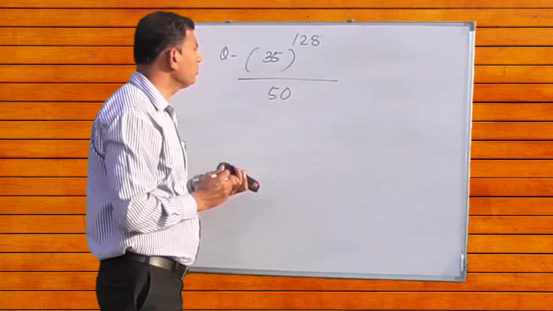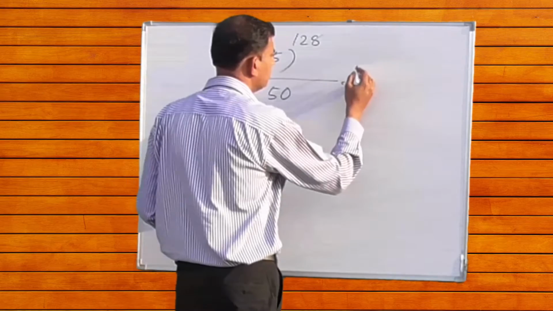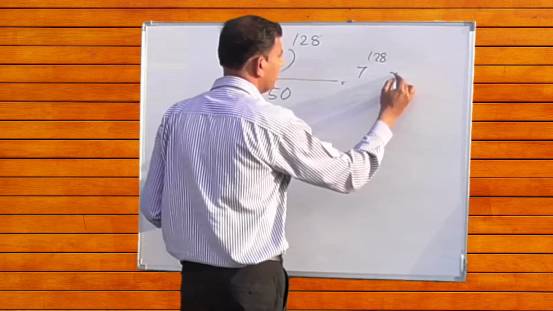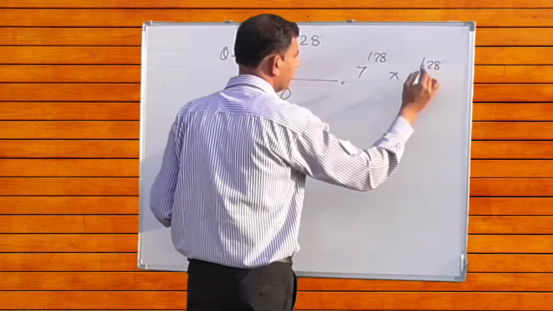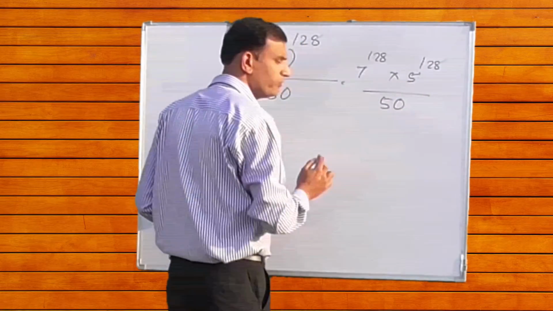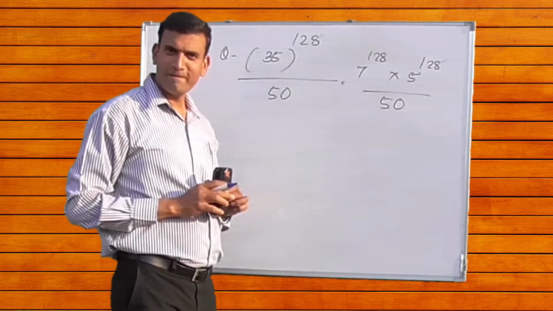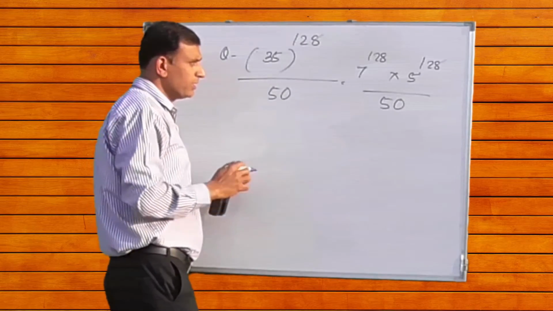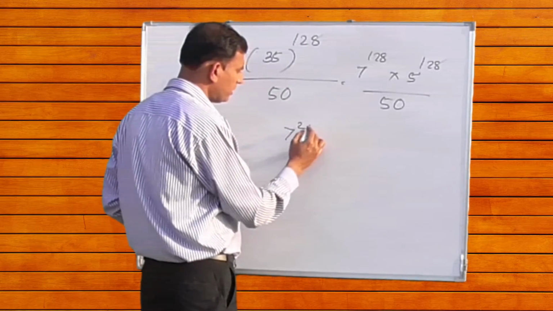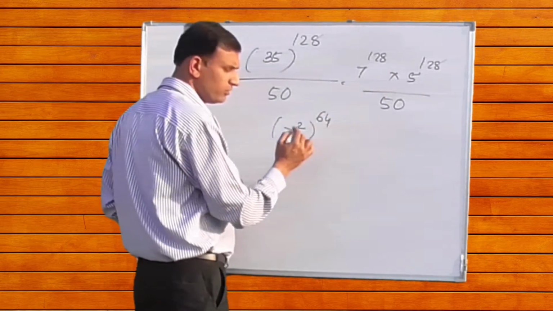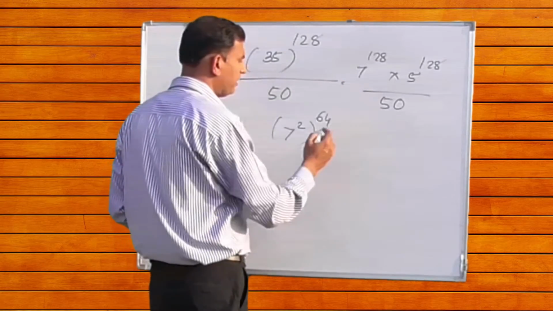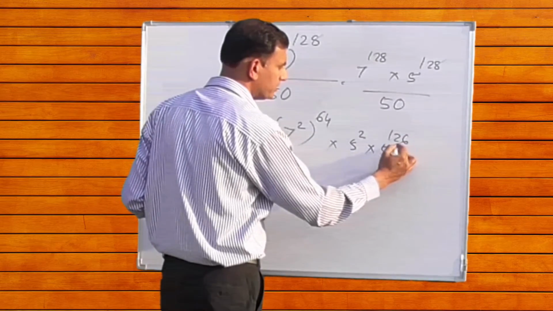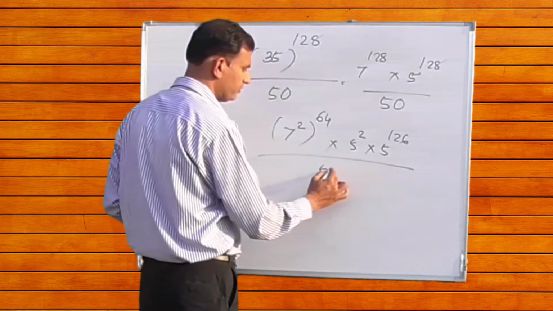It can be written as 7 to the power 128 into 5 to the power 128, divided by 50. Now 7 to the power 128 can be written as 7 squared to the power 64, and 5 to the power 128 as 5 squared into 5 to the power 126, divided by 50.